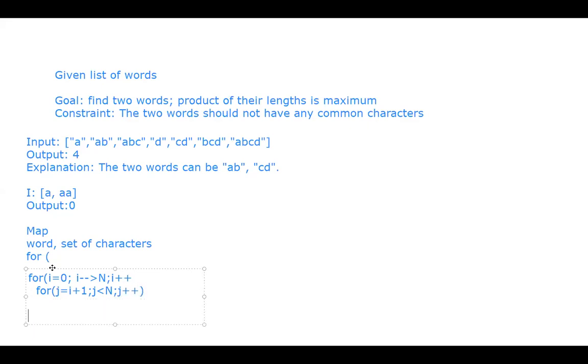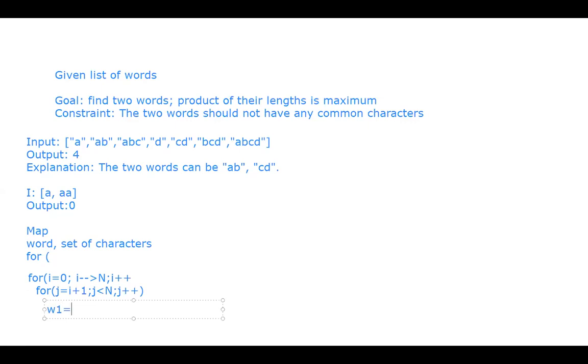You're matching each word with the next possible word. And I'm assuming that, let's say, I have a hash map here.